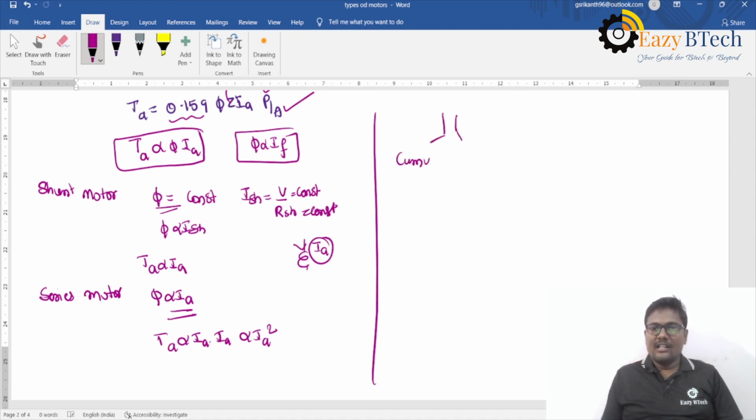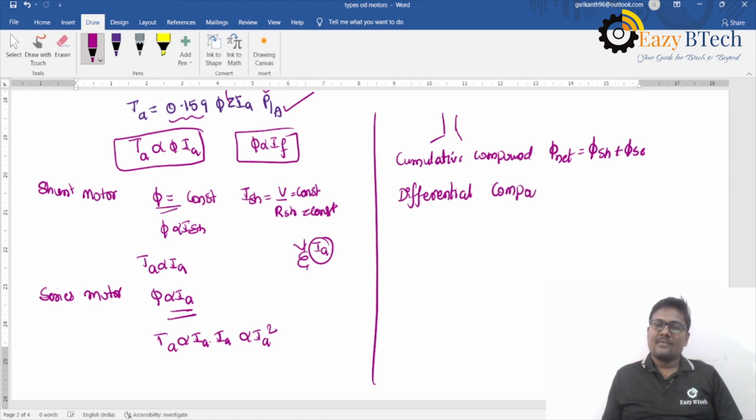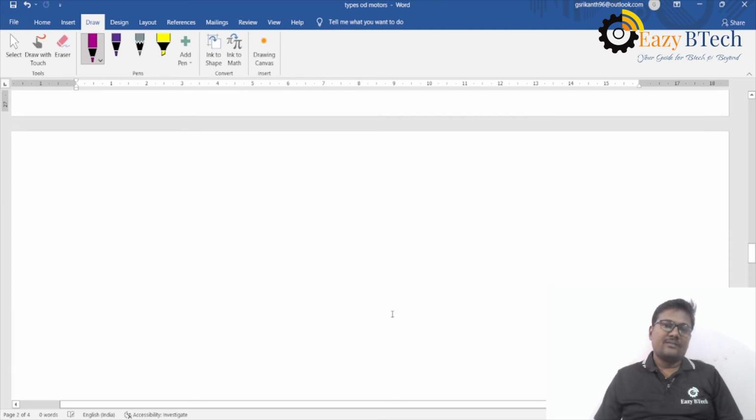Cumulative compound means the net flux is phi SH plus phi SC. If you go for the differential compound motor, the net value is phi SH minus phi SC.